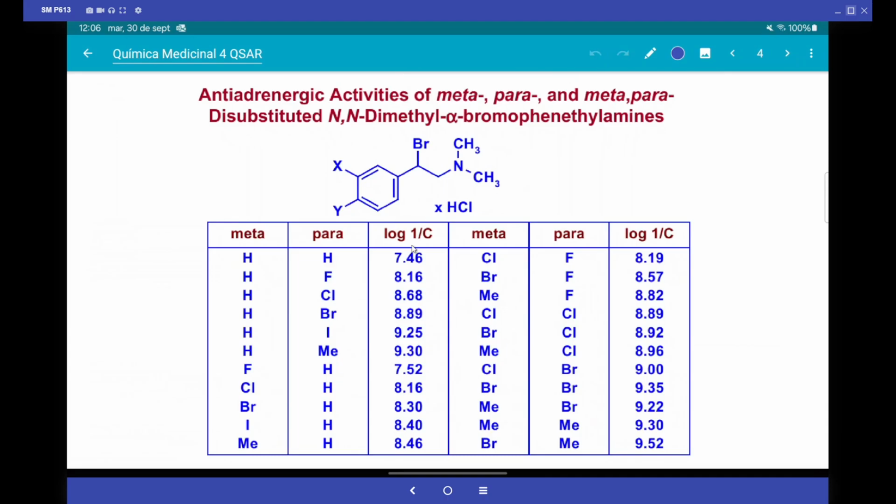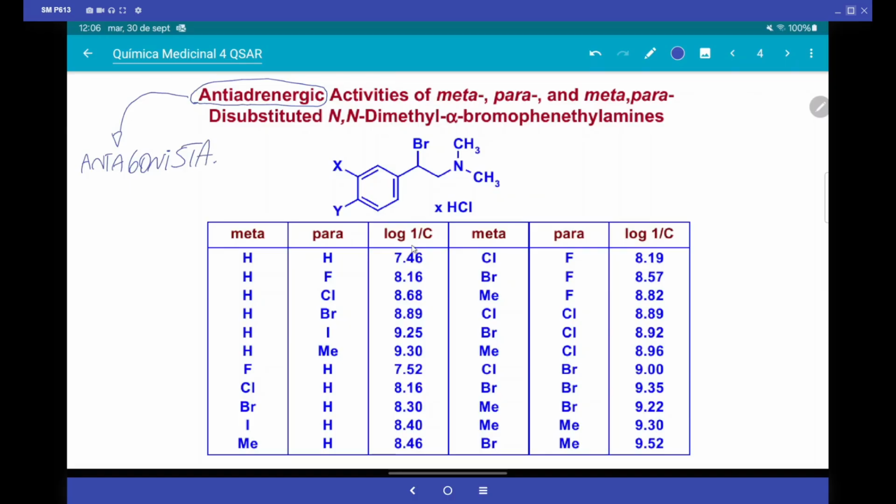It says anti-adrenergic activities of bromophenylethylamines, dimethyl disubstituted in meta and para. Ask what an anti-adrenergic is. Perfect, in this particular case it is an antagonist of beta-adrenergic receptors.